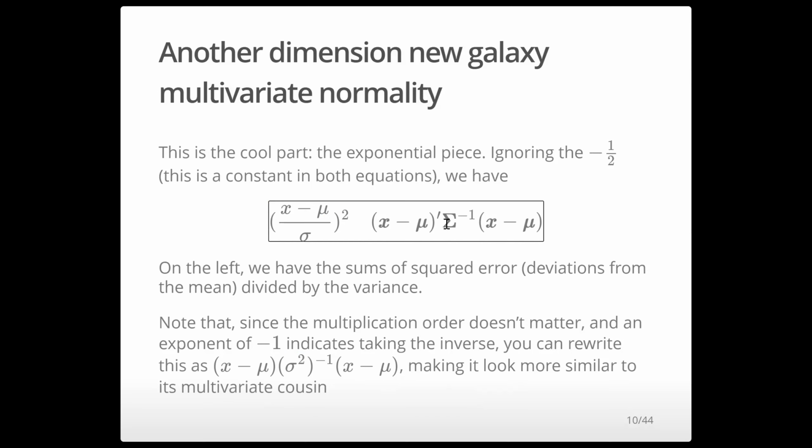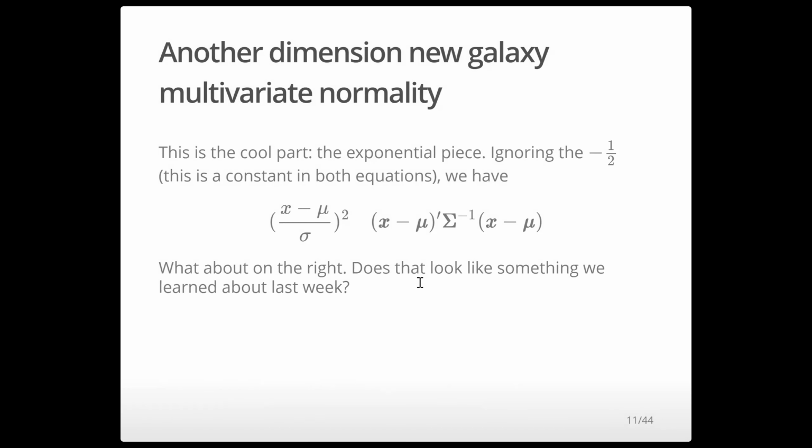And then the inverse covariance matrix, and then again the vector minus the mean vector. So again, this is a way of saying squared error, because you have the deviations from the mean vector twice, and then you're dividing by the covariance matrix because you're taking the inverse of the covariance matrix. Very similar, it's the exact same idea.